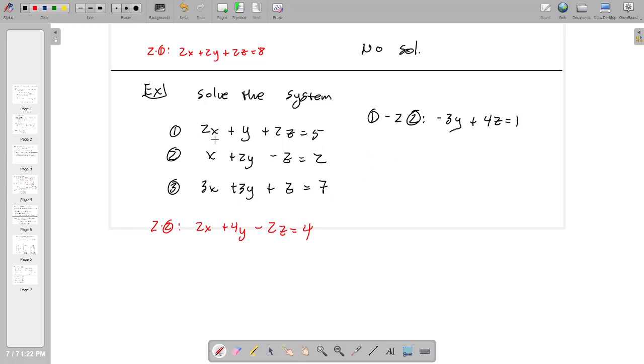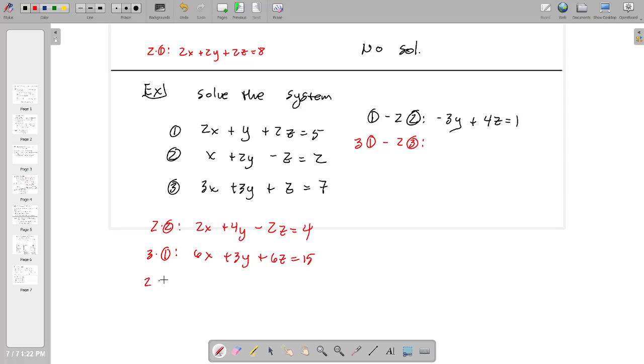Now we do the same thing for equation 1 and 3. But this time, I need to multiply equation 1 by 3 and equation 3 by 2. So we do 3 times equation 1 minus 2 times equation 3. Let's go ahead and write those out. 3 times equation 1 will be 6x plus 3y plus 6z is equal to 15.